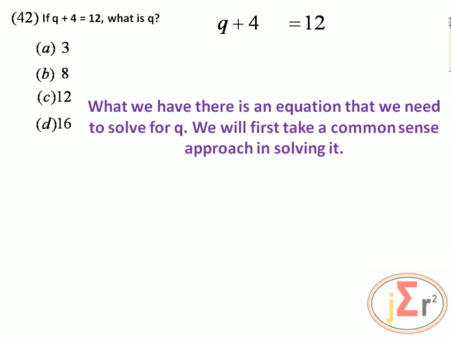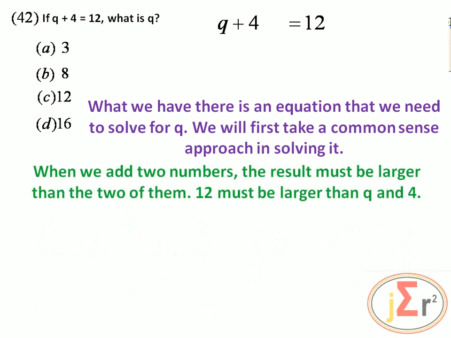So let us proceed to solve that equation for that unknown, which is Q. When we add 2 numbers, the result must be larger than the 2 of them. 12 must be larger than Q, and 12 must also be larger than 4.